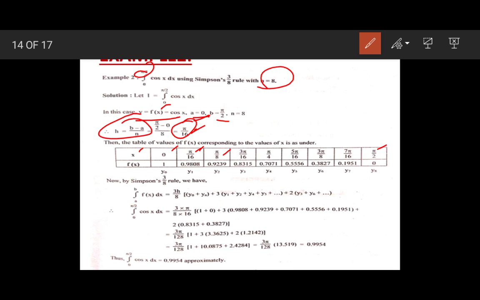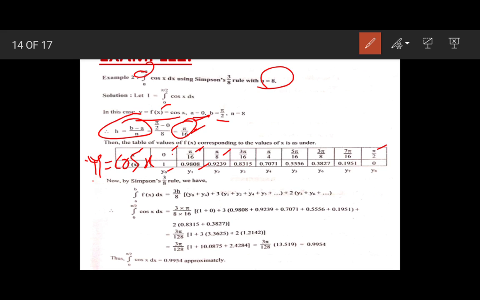Now we know that y is equal to cos x. So when x is 0, then y will be cos 0, and cos 0 is 1. When x is pi upon 16, then y will be cos pi upon 16, so it will be 0.9808.